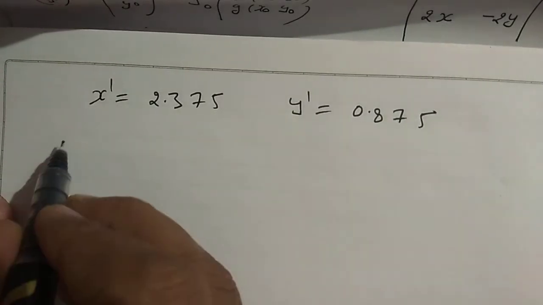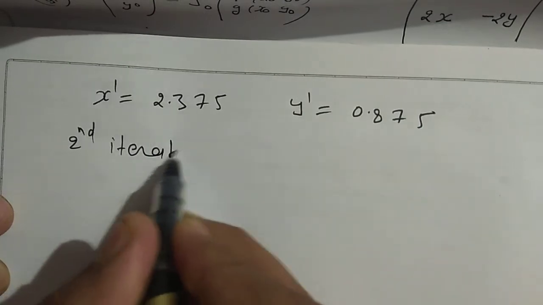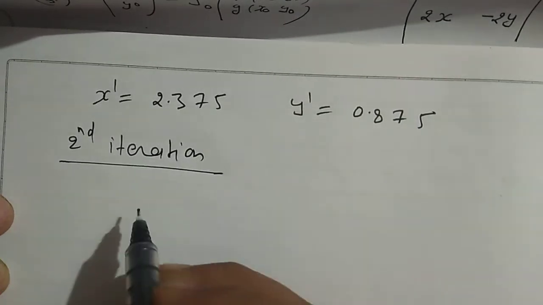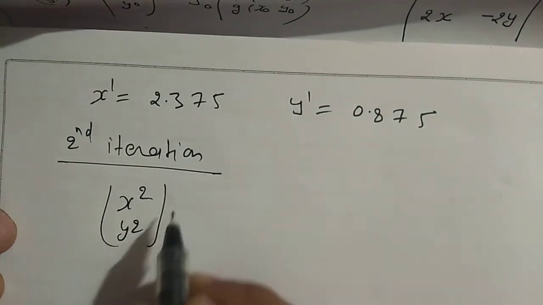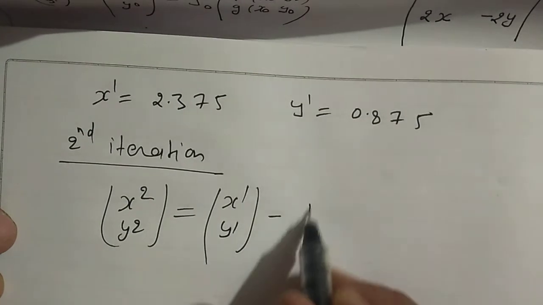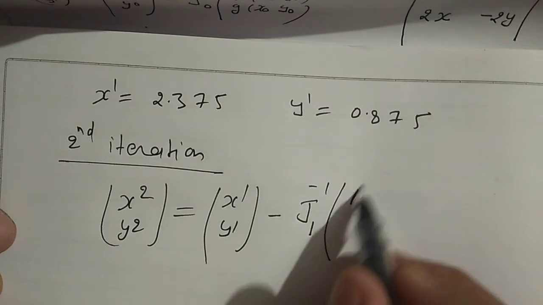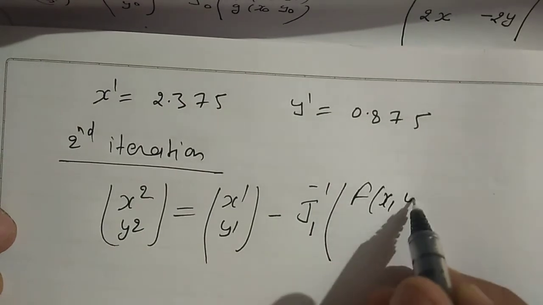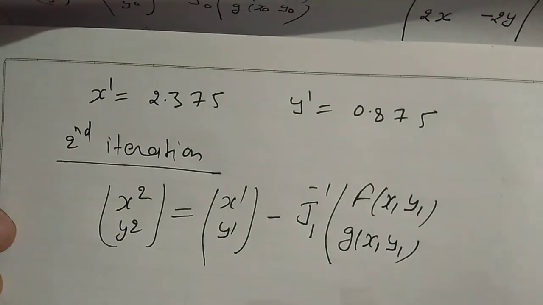Now for the second iteration, we'll have x2, y2 equal to x1, y1 minus Jacobian inverse at the point x1, y1 times f of x1, y1 and g of x1, y1.